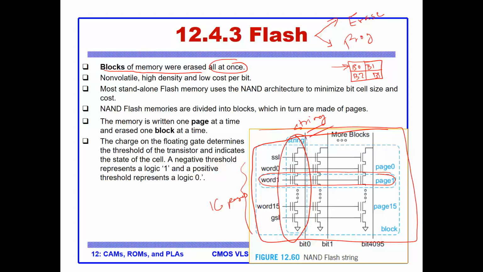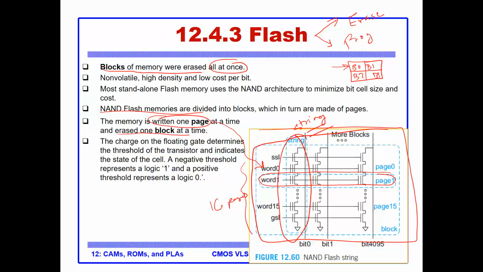And so typically the Flash design uses the NAND implementation because NAND implementation is more compact, saves area, and provides a cheaper solution. Now, as we said, we erase an entire block, but when we program, we write to a single page or word, if you will.